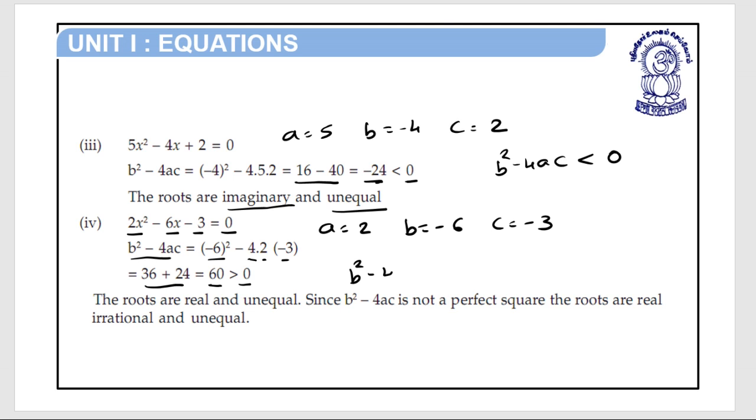Here b square minus 4ac is greater than 0, but 60 is not a perfect square. So the roots are real and unequal because b square minus 4ac is not a perfect square. The roots are real, irrational and unequal.